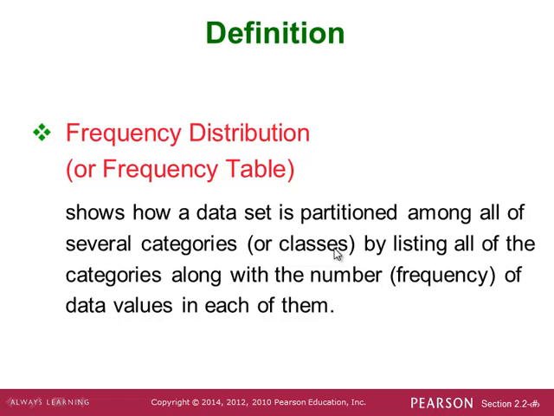In other words, these are intervals. So what we'll do is we will list these intervals and then count the number of numbers with tally marks maybe, or tick marks, representing the number of numbers in the data set belonging to each interval.